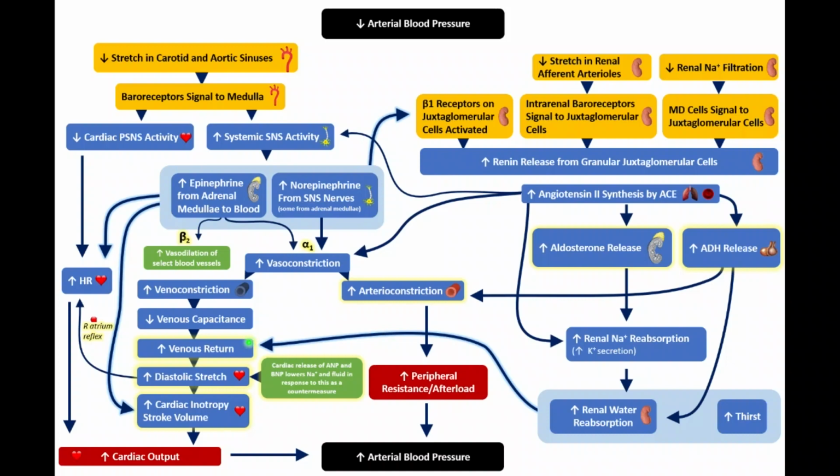So drinking and renal water reabsorption will keep your fluid up. That'll cause an increase in venous return. More venous return means more diastolic stretch. So back to the same thing again: higher stroke volume, higher cardiac output, and more atrial reflex means it's going to trigger the heart rate to go up.